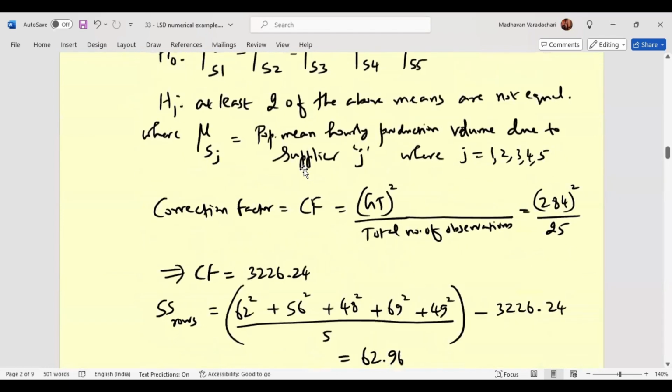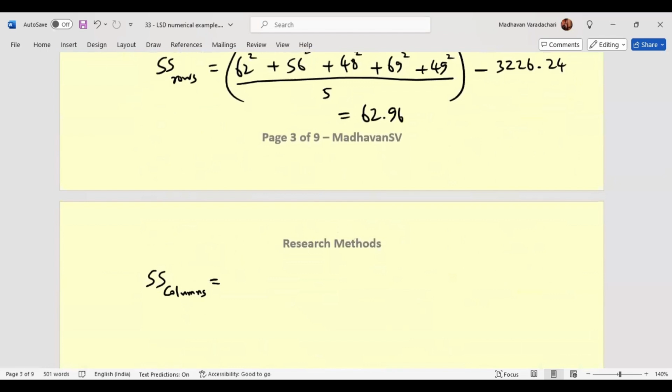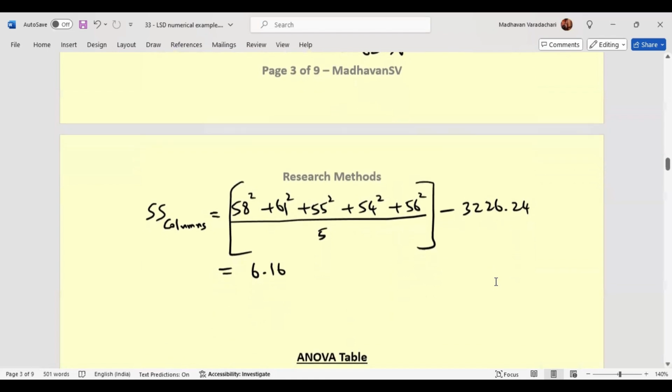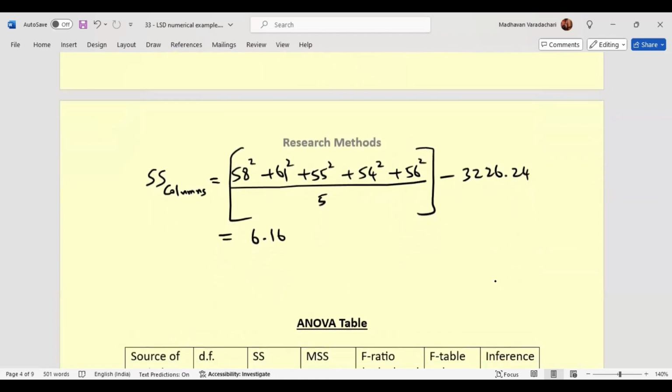So your SSC will be 58 square plus 61 square plus 55 square plus 54 square plus 56 square divided by 5, minus the correction factor. Correction factor is 3226.24. If we calculate this, we will get 6.16. Right?